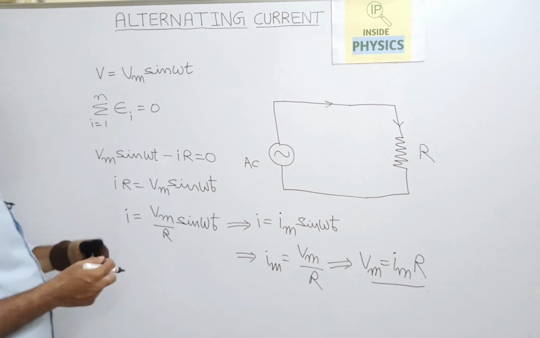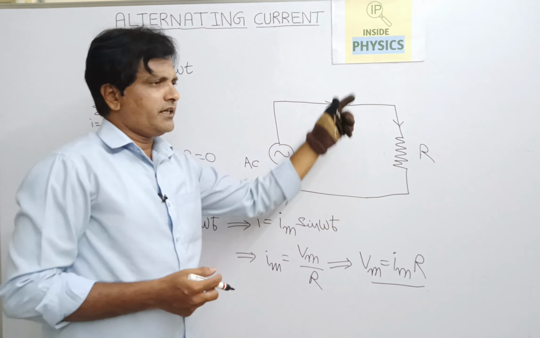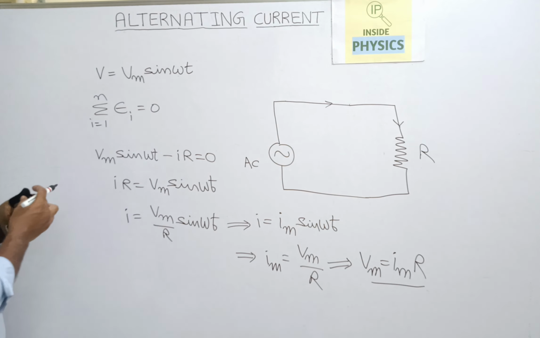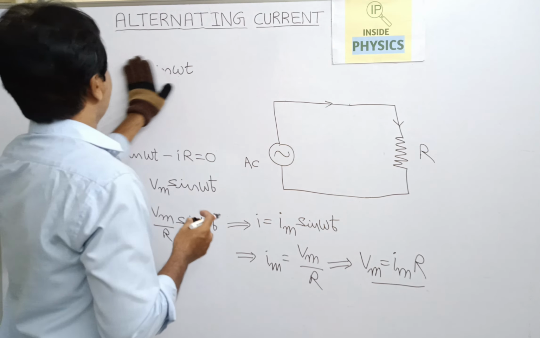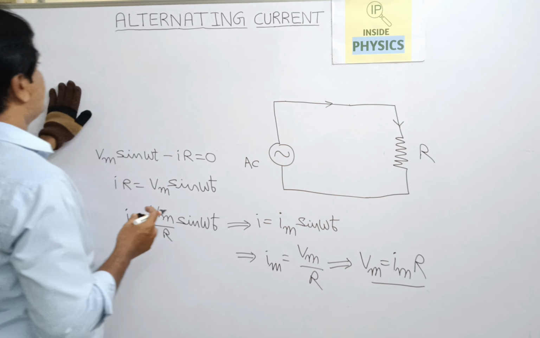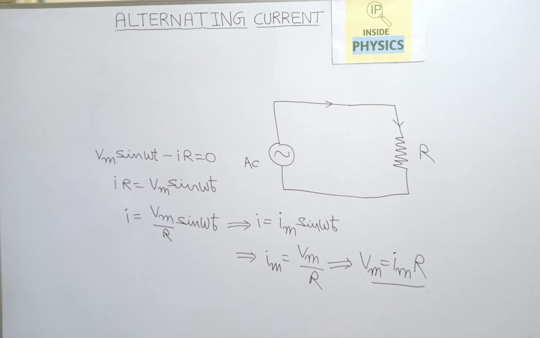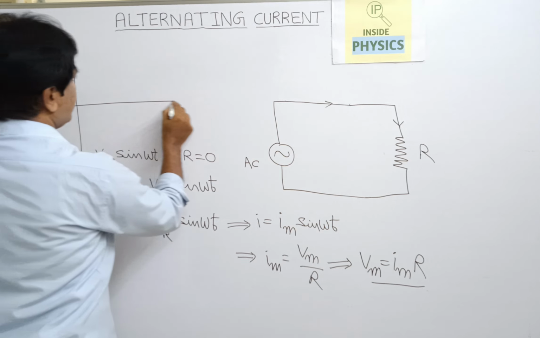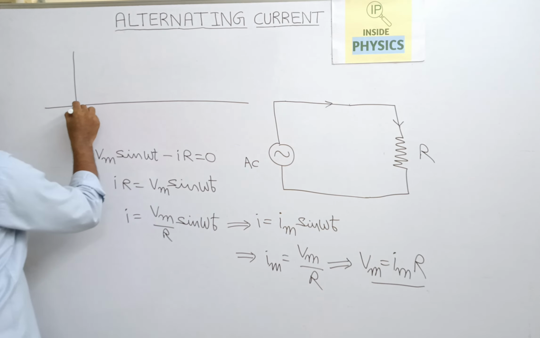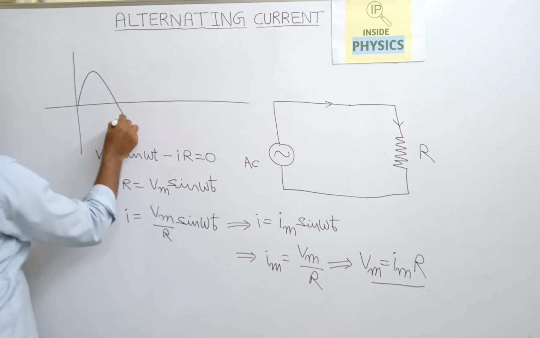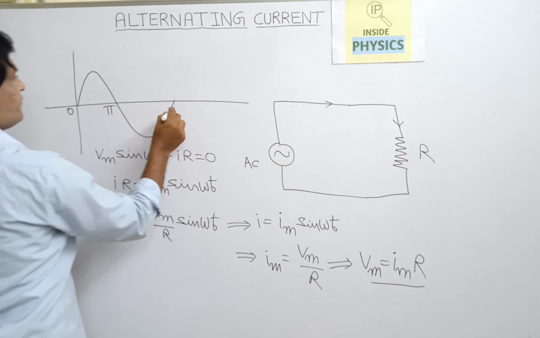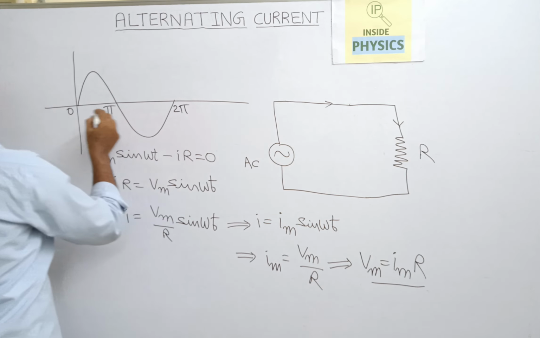So here, see, the direction changes, and the sum of instantaneous currents at a particular time will be 0, because if you plot a graph between the current and the voltage, see, this is the phase difference between them.